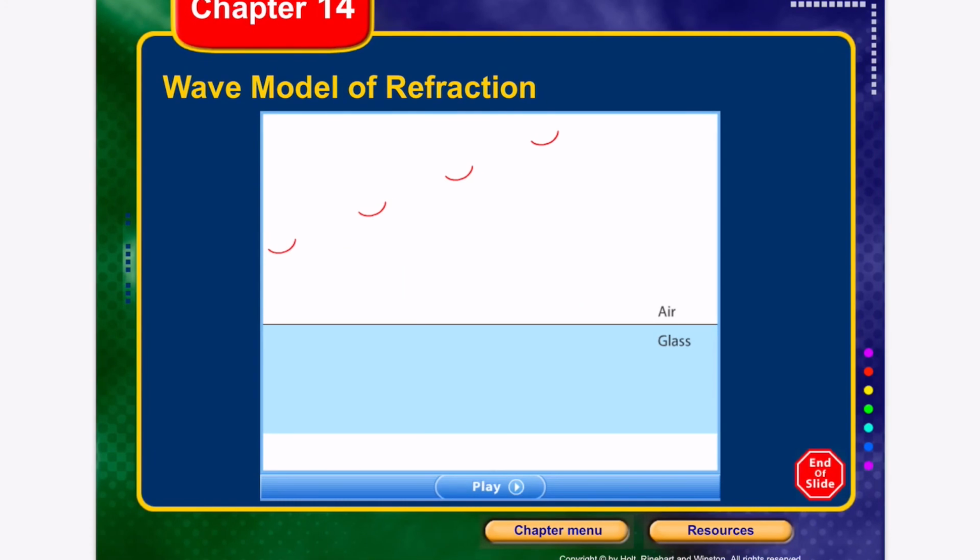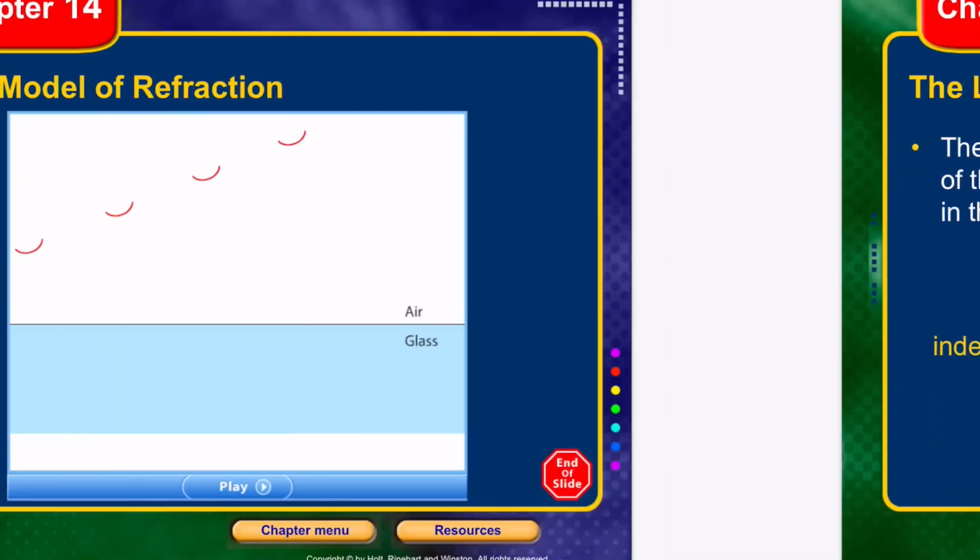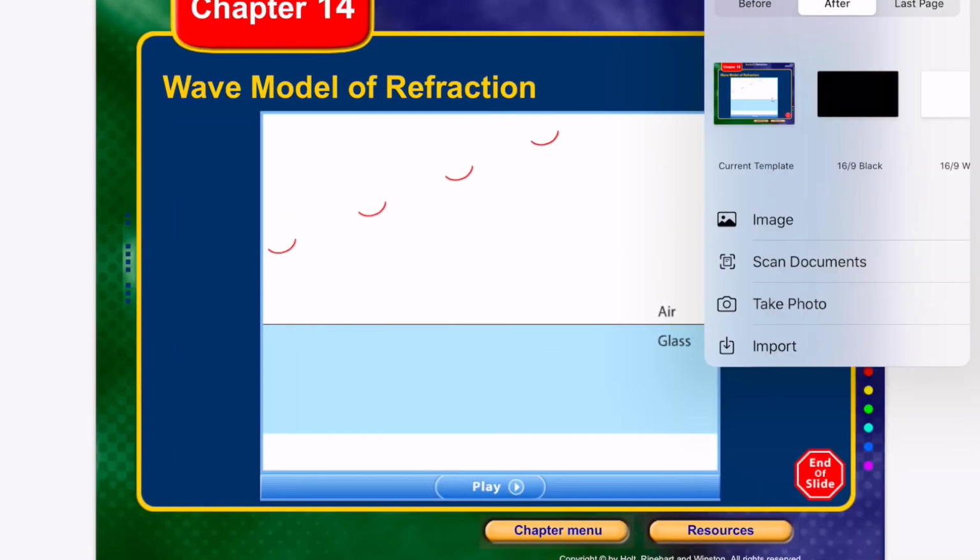So how is it happening? Let's take a simple understanding of why it happens. Let's consider that we have a surface, a water surface, for example.